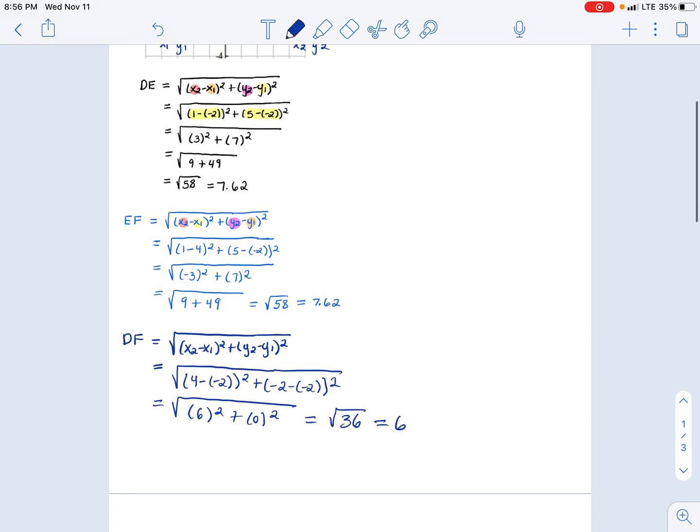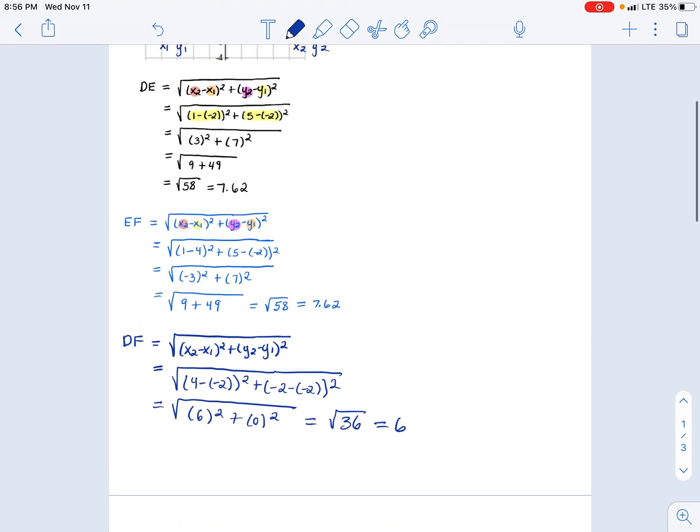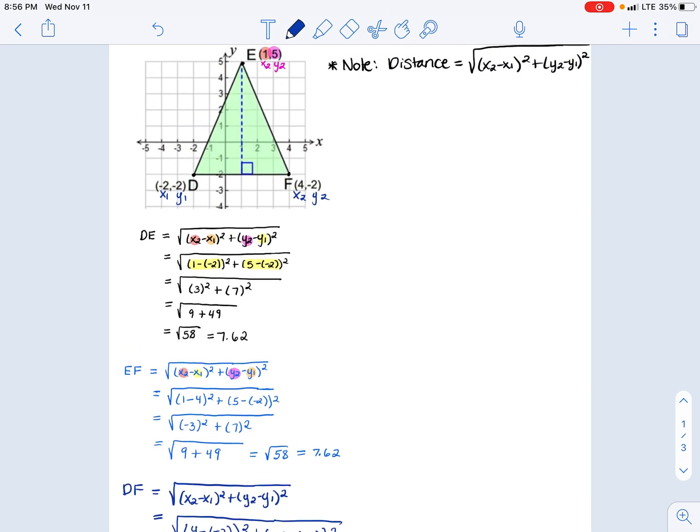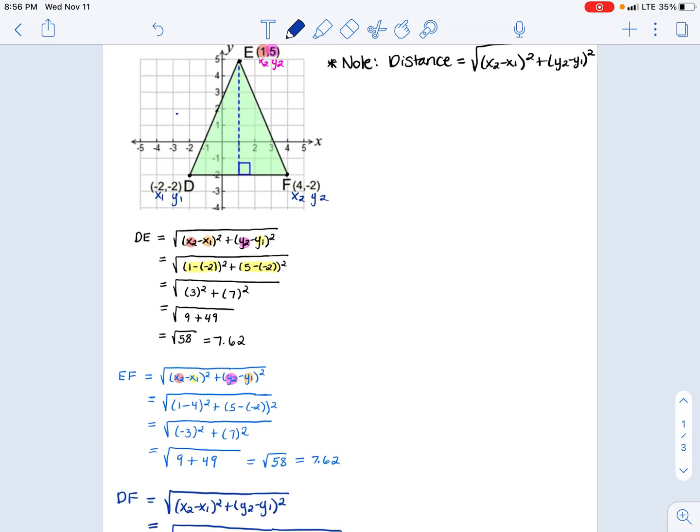And so now to find the perimeter, I have that these side lengths: D to E is 7.62, from E to F is approximately 7.62, and then from D to F is 6.